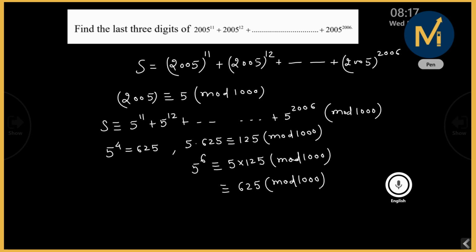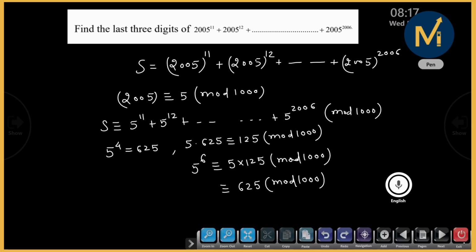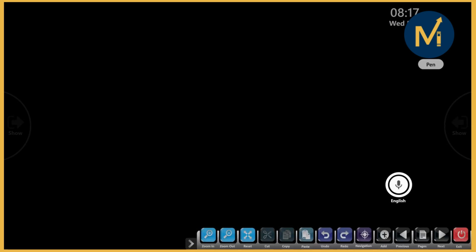So according to this, I can say that powers of 5 modulo 1000 repeat periodically, like 625, 125, 625, 125 and so on.